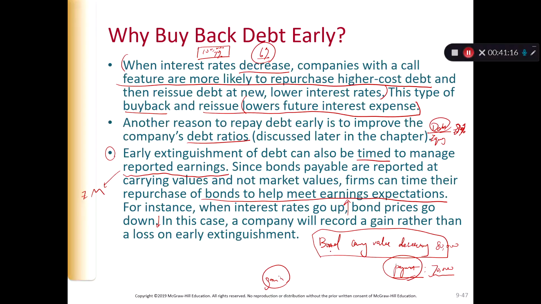So it's exactly the same analogy as issuance at a discount. When your bond becomes cheaper because the market rate is increasing, you can retire your bond at a much cheaper amount. When you retire your bond at a cheaper amount, that means you can actually generate a gain.